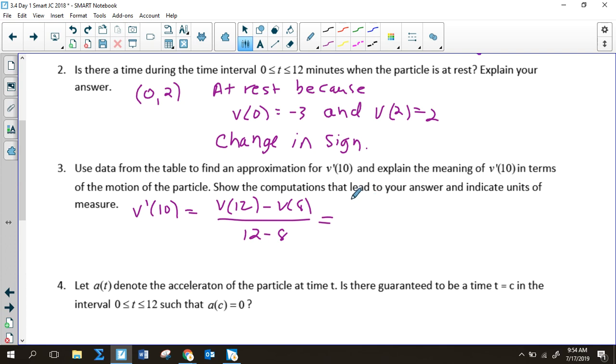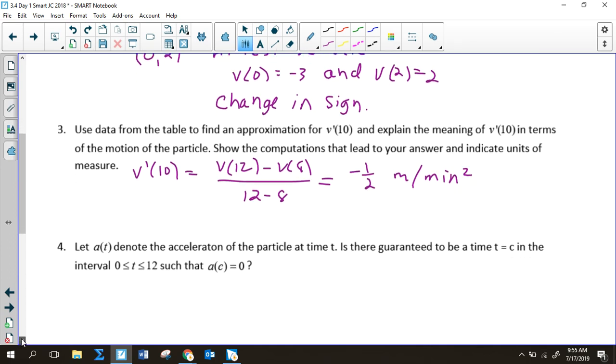This simplifies to -1/2, and that is meters per minute squared. So what does this mean in terms of the motion of the particle? Well, the acceleration is negative. So since the acceleration is negative, the velocity is decreasing.